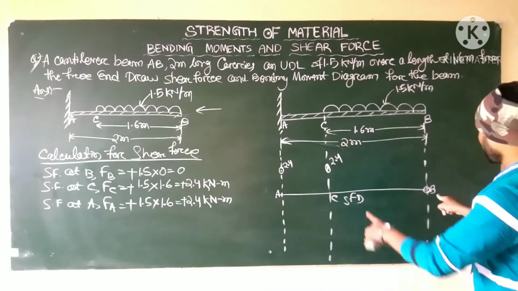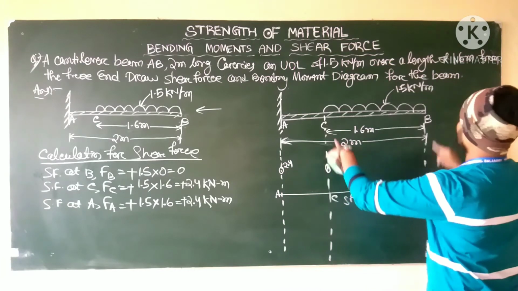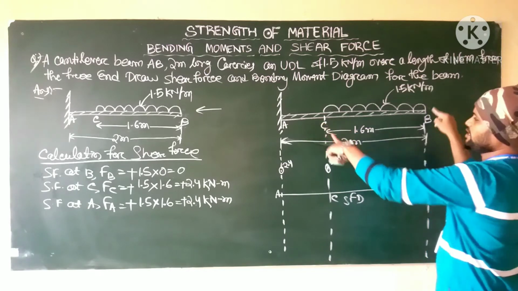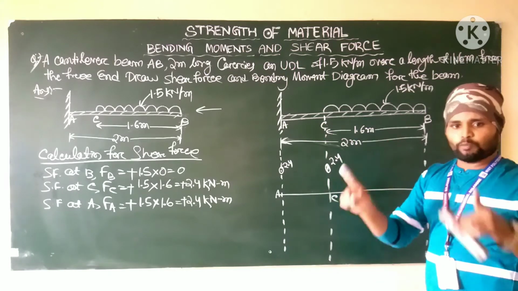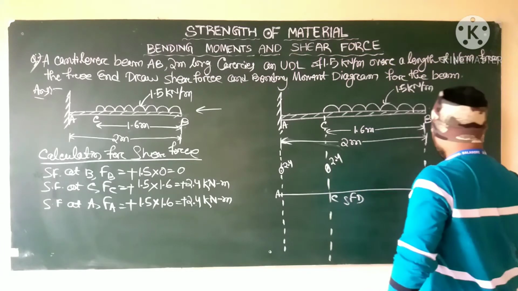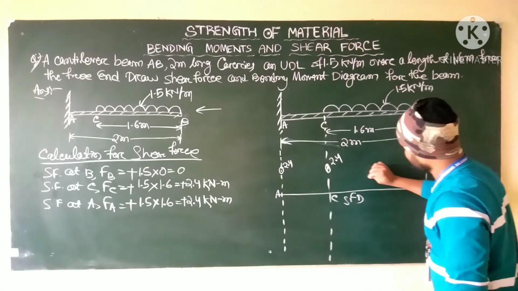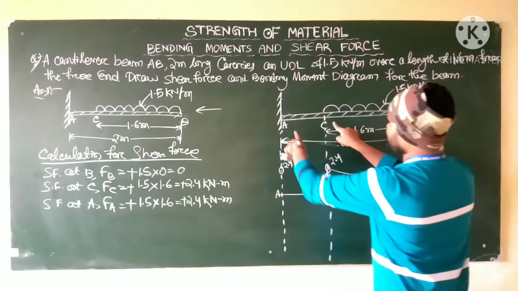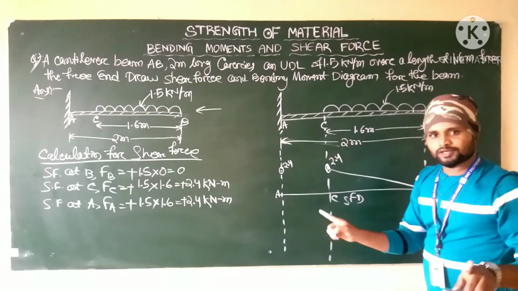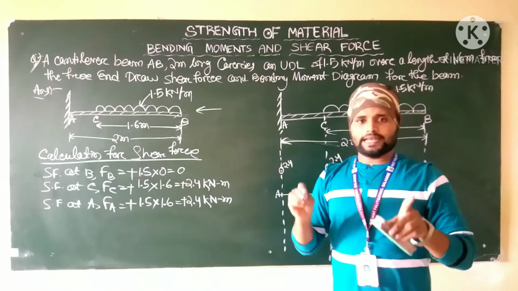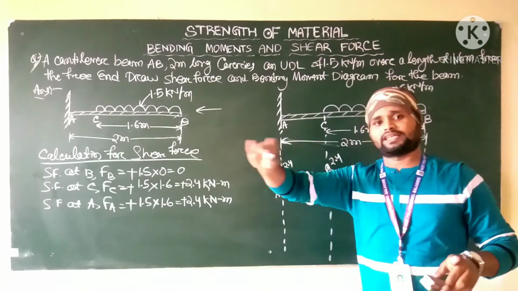Let us see from B to C. From B to C, which type of load is there? UDL there. If there is a UDL between 2 points, then the shear force line becomes an inclined straight line. So make an inclined straight line. Next, from C to A, there will be no load between C to A. If there is no load between 2 points, then the shear force line becomes horizontal.